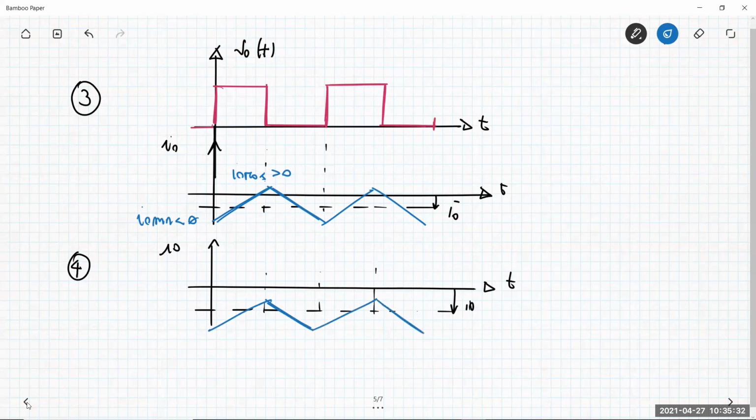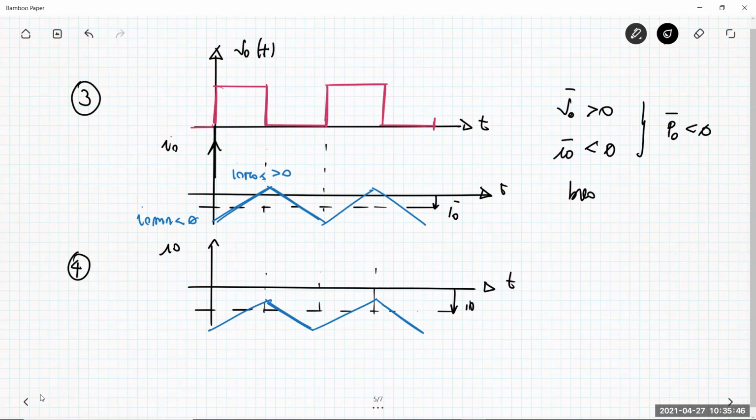In that situation, we have V naught which is positive, I naught average value which is negative, meaning that the average output power is negative. So we are in the braking operating mode.